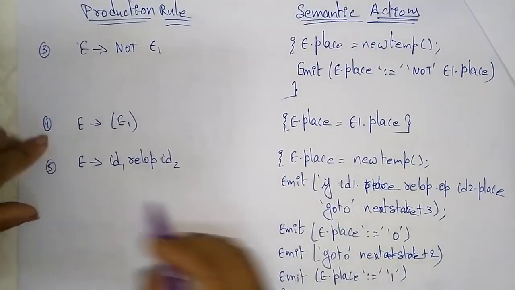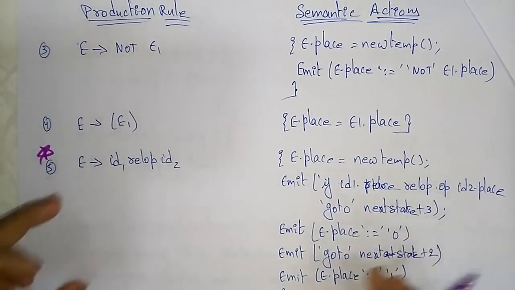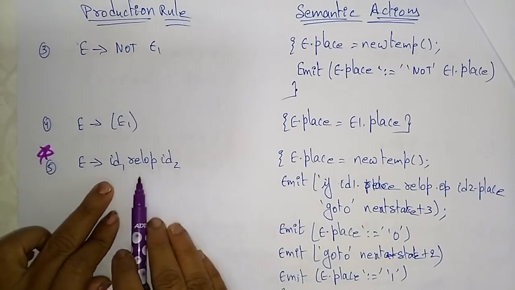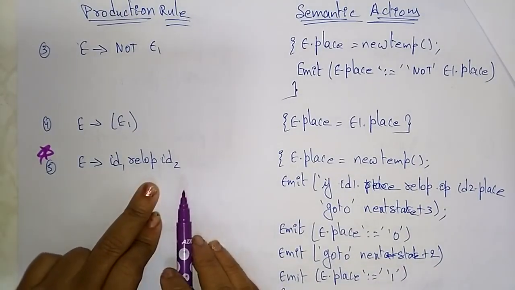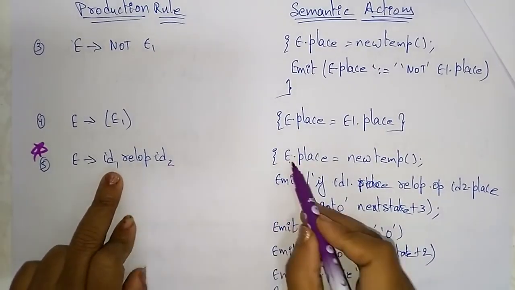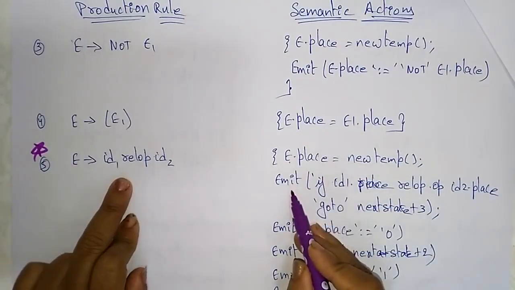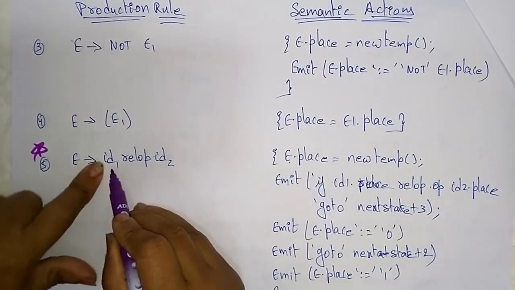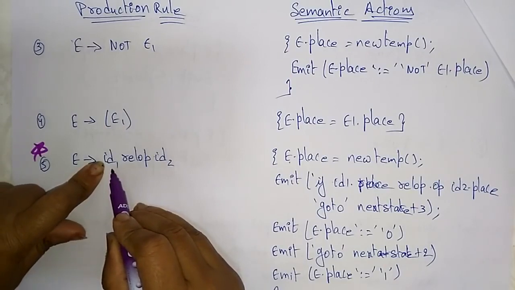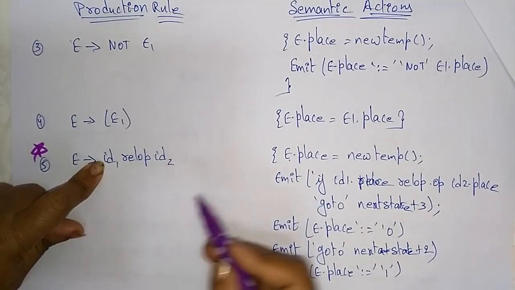Now coming to here, this is a very important production. We'll take a separate example for this production. E derives ID1 relational operator ID2. So here we need to check the conditions: less than, greater than, or not equal. E dot place is equal to a temporary variable, and emit if ID1 dot place relational operator ID2 dot place, go to next state plus 3.